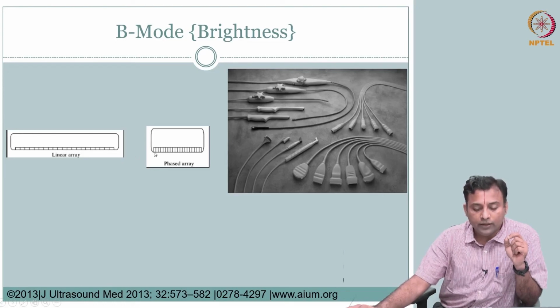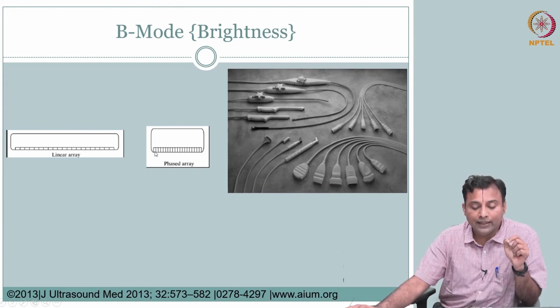This is called a phased array. Here also you notice that the individual elements are placed next to each other, also in line, but it is called a phased array just to differentiate it from linear array operation, because we will cover this subsequently.